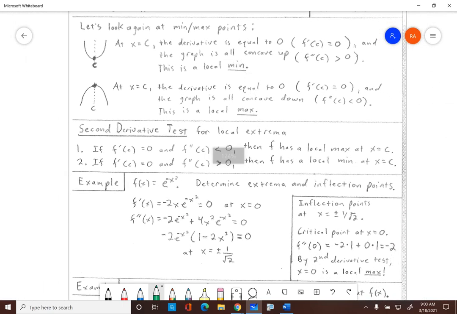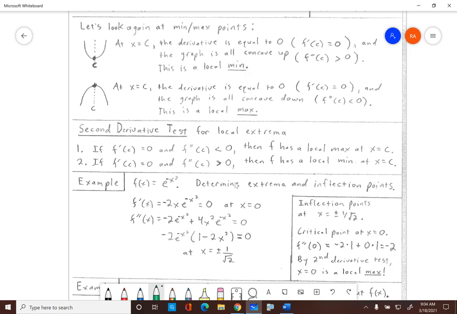What the second derivative test states is, at the critical point, if the first derivative equals 0 and the second derivative is negative, then the original function has a local max at that point. And if the first derivative equals 0, critical point, and I plug that specific x value, let's call it c, into the second derivative and I get a positive value, then we're going to classify that point as a local min.